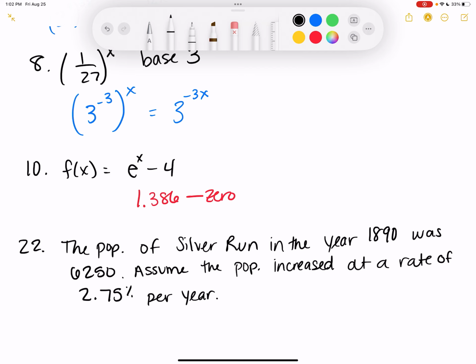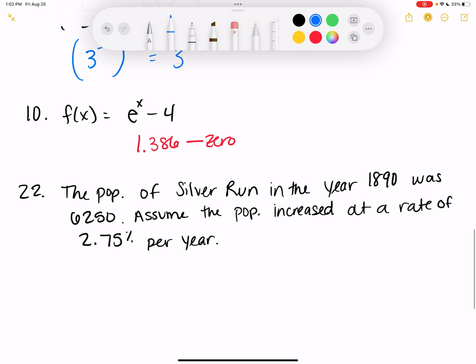Okay, there's just a bunch of unnecessary work on my paper. That's the problem. Okay, so estimate the population in 1915 and 1940.